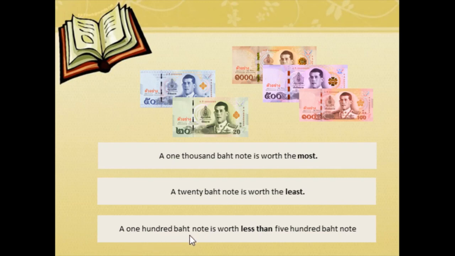A 100 baht note is worth less than a 500 baht note, which means when compared to each other, 100 is smaller than 500. That is why we say less than.